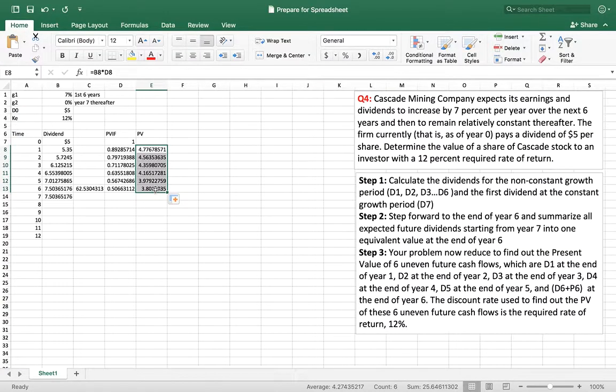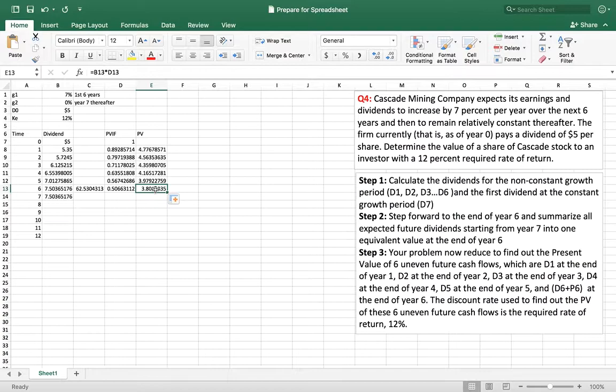Now, at the end of year 6, the cash flow actually consists of the dividend at the end of year 6 and P6, which represents the equivalent value of all expected future dividends starting from year 7. So, the present value should be the present value of the dividend at the end of year 6 and P6.